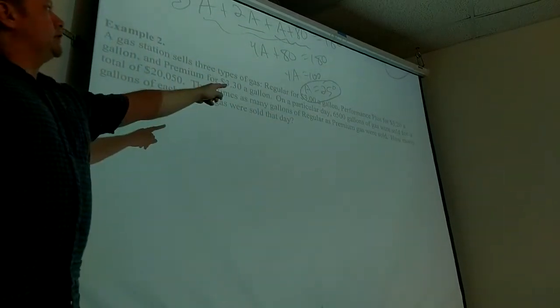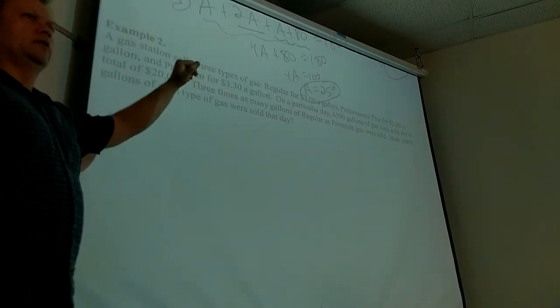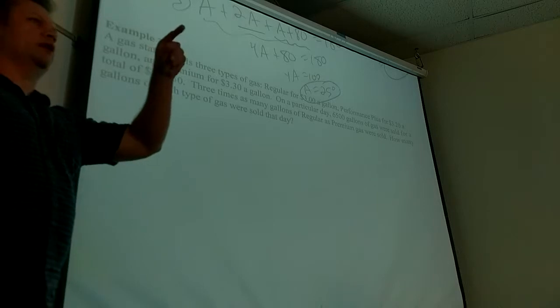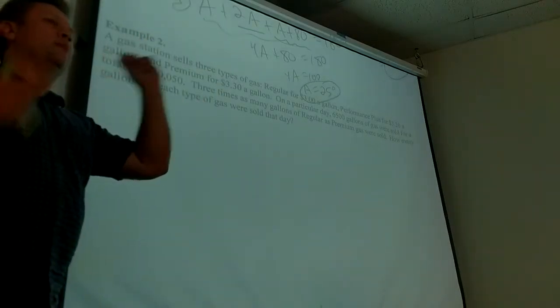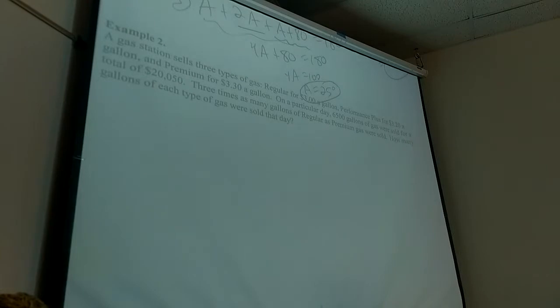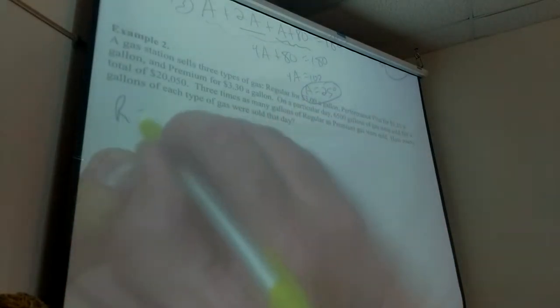So how with that 6,500 idea? What are my variables going to stand for, by the way? Regular. But what about regular? The amount of, right? The $3 is going to be on top of that to figure out total money. But what will R, if I use R for regular, what does it really mean? The amount of regular.